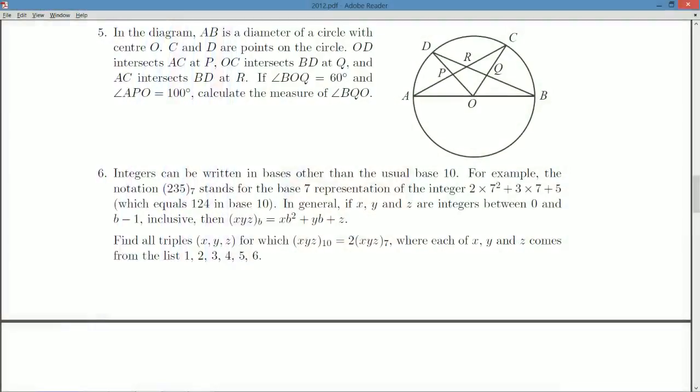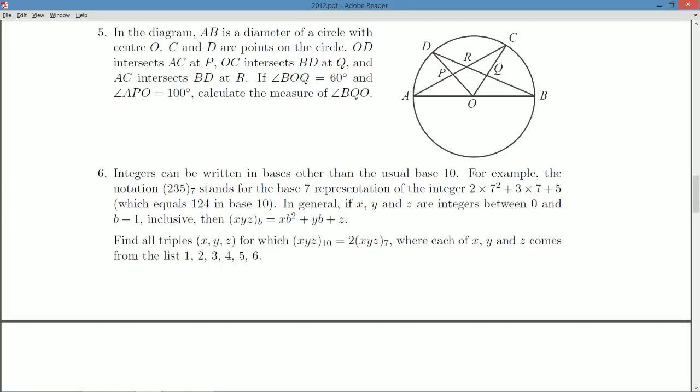All we need, if you take a look at the question, is this last little bit here: x, y, z in brackets with a little b is written like this. So all we're really doing is we've come up with this sort of function, and we're just equating these two functions, and we're limiting our entries to 1, 2, 3, 4, 5, and 6. That's really all this question comes down to. It can seem very overwhelming, but that's really all it is.